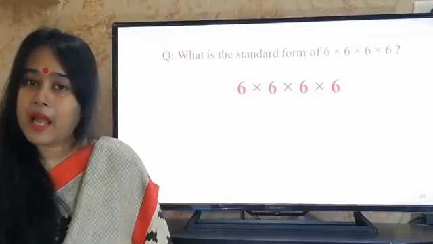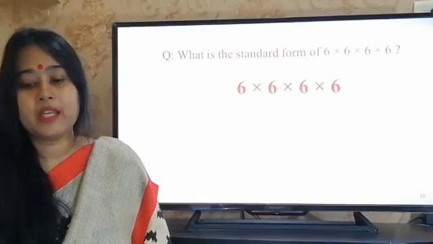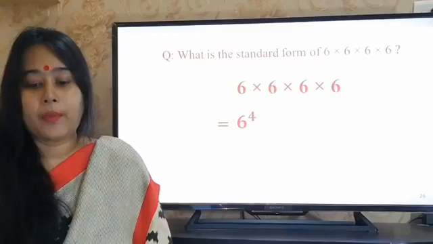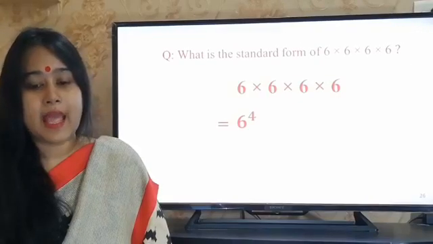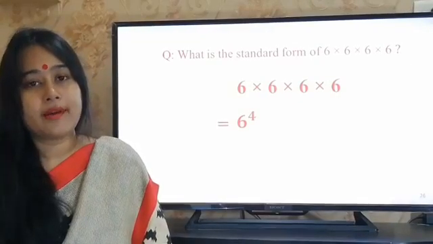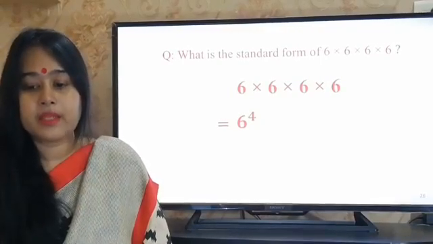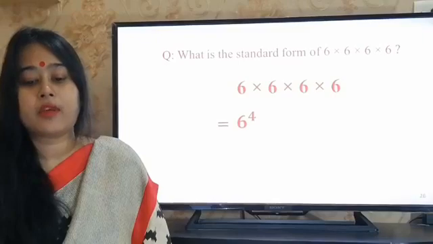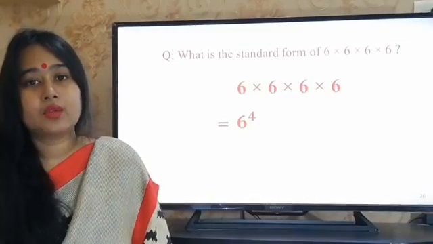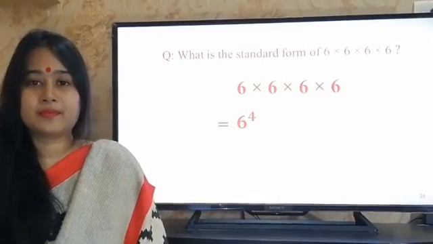Okay, so 6 is the base and 4 is the power or index. So we can write this repeated multiplication in the form of exponent, like 6 to the power 4.